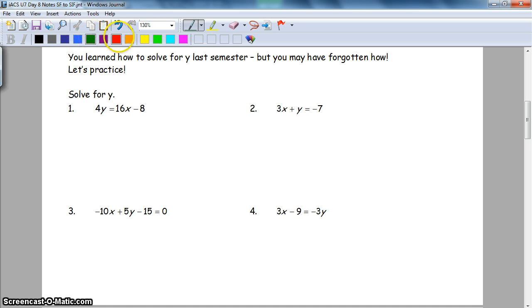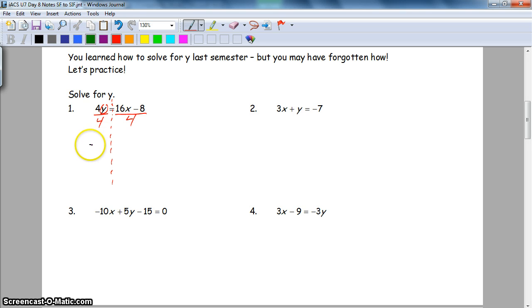Here, number 1. Remember, I always like to draw a line through the equal sign. And we're going to get y by itself. So what needs to go away? Well, the only thing here that needs to go away is the 4. And it's 4 times y, so we're going to divide by 4 on both sides. Now, you got to divide the entire side by 4.